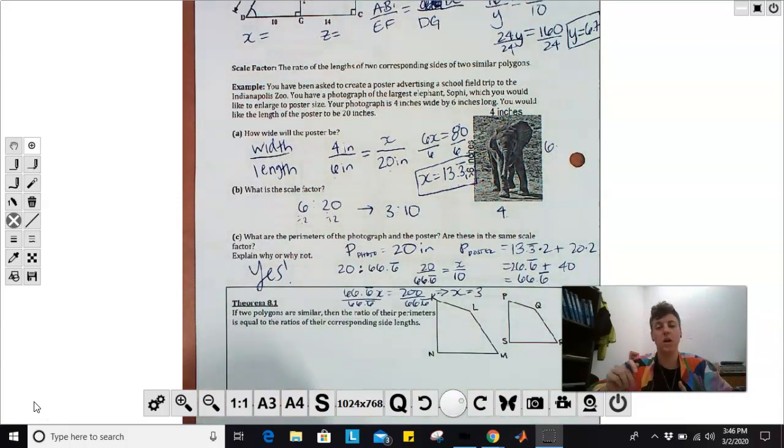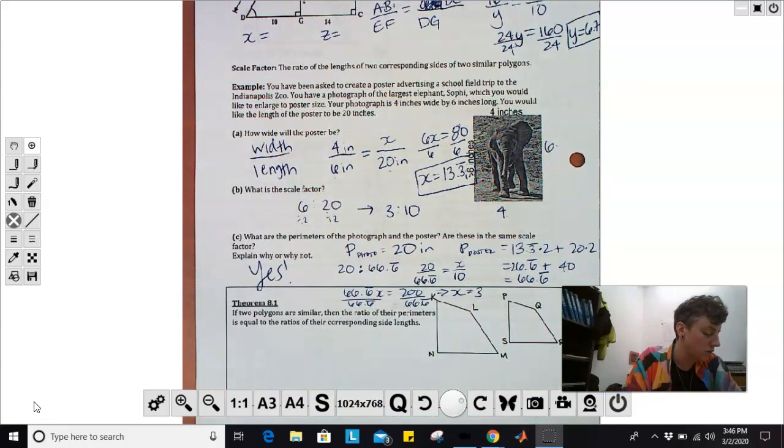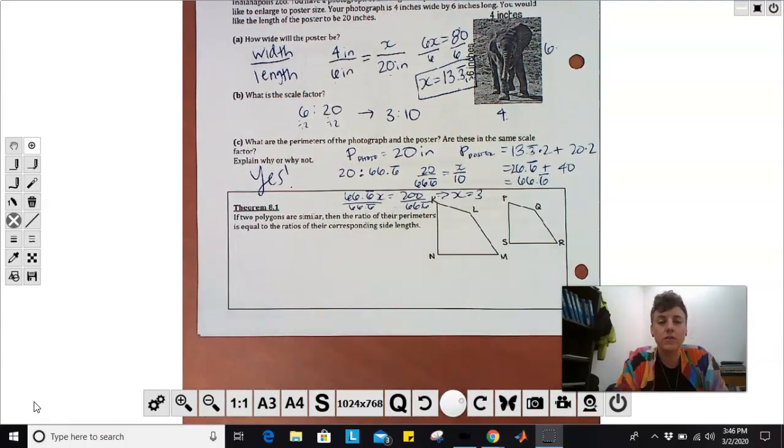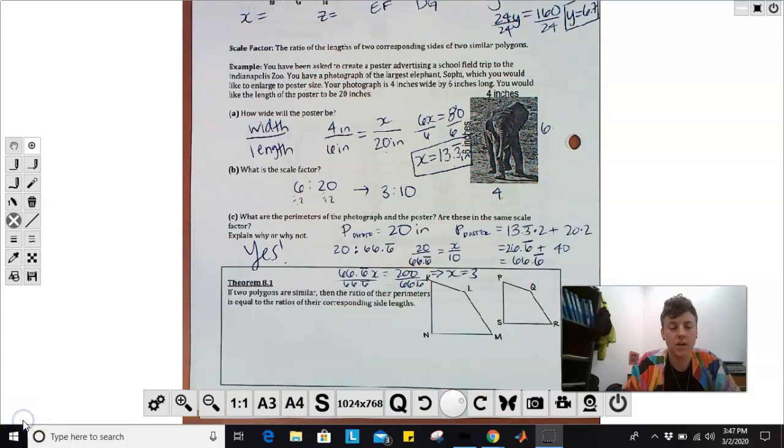Yes. Awesome. Which leads us right into that theorem. Theorem 8.1. If two polygons are similar, then the ratio of their perimeters is equal to the ratio of the corresponding side lengths.